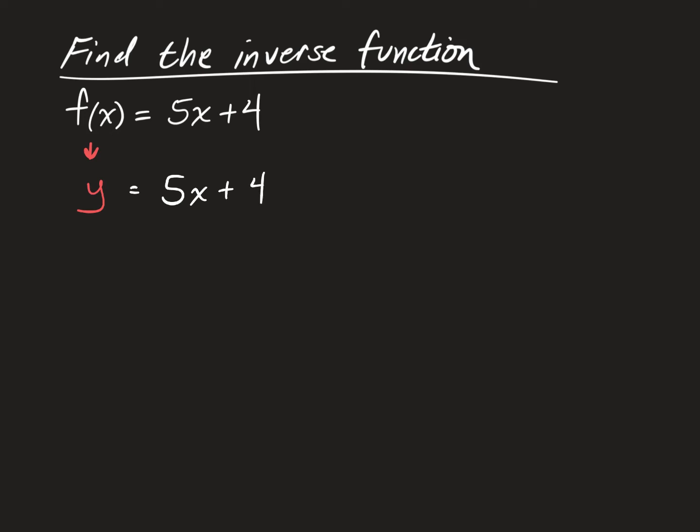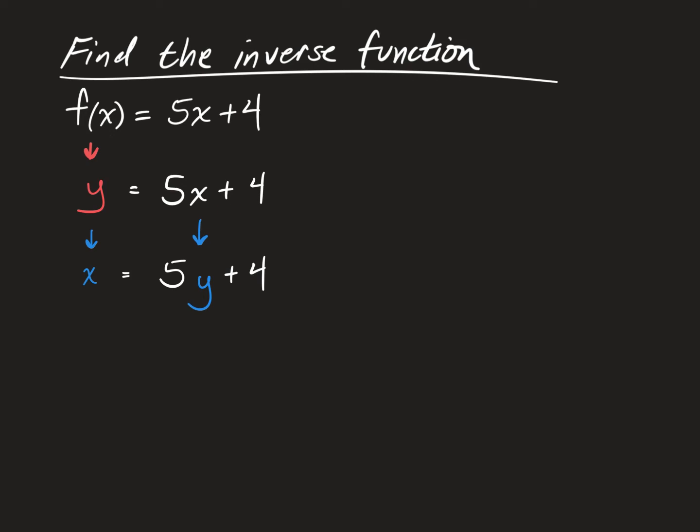From there, I will go ahead and replace all of the y's with x's and all of the x's with y's. Now, this will lead to us using the inverse notation at the end, because when you make this swap, the resulting function will not be 5x plus 4, which is what this y is equal to. This is a new y, because when we solve for it, we're going to get a different function.